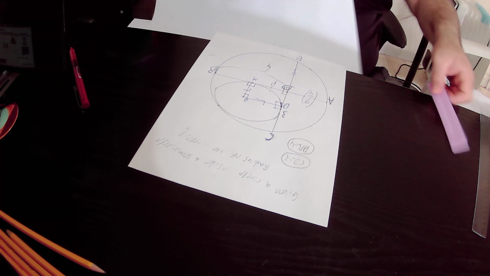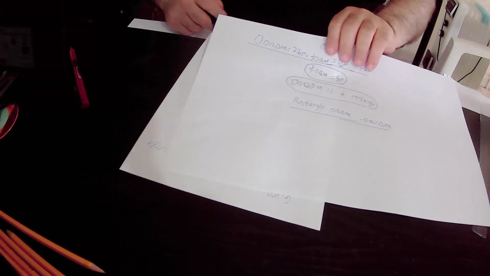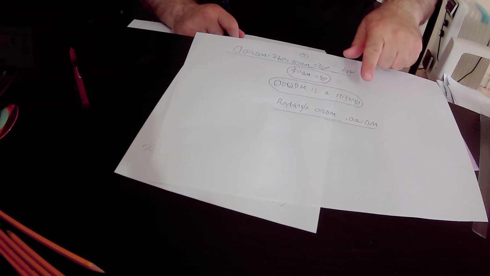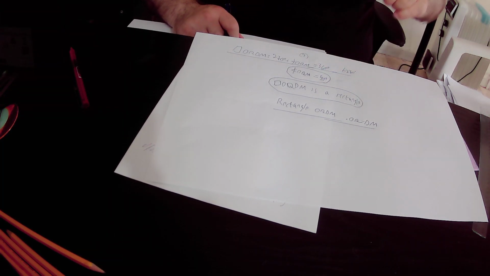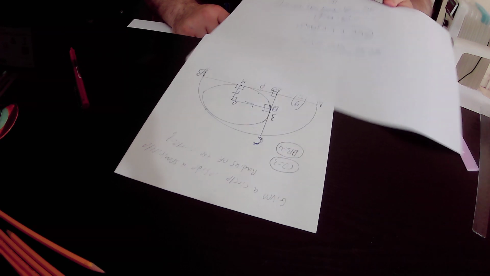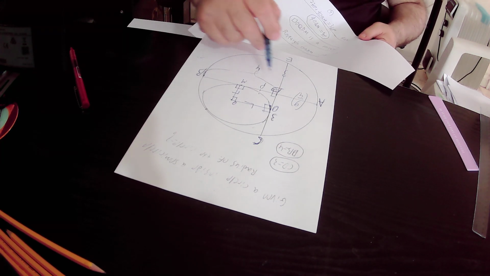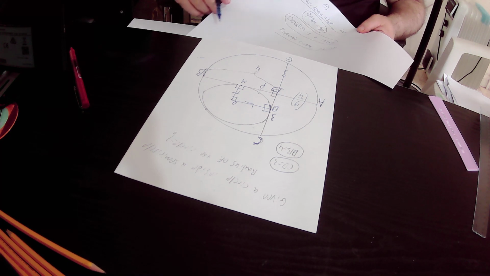I'll repeat again. In rectangle OQDM, OQ equals DM. Okay, here OQ equals DM according to the rule that the opposite sides of a rectangle are equal to each other.